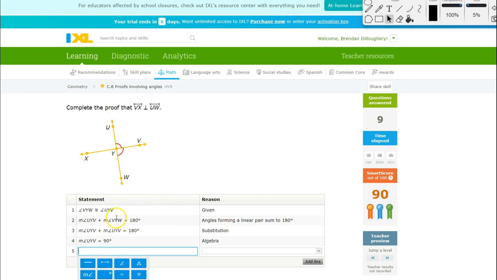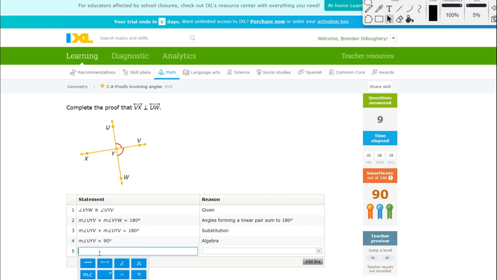Okay, so we got this is equal to 180. Oh, they substituted, right? So is that the proof we already did? So they substituted out this value here. They substituted out this value and they put this in its place. Then we use algebra to say 2 of the same thing adding to 180 means it's 90.